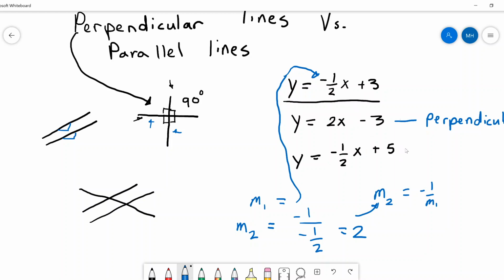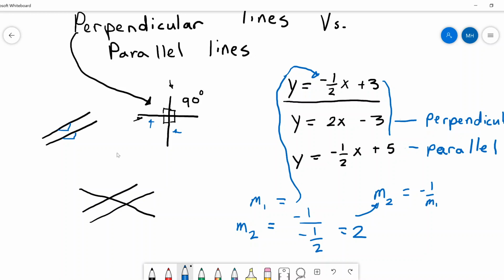From this one, we know that this is parallel. Now, the biggest thing to watch out for with parallel lines is whether they have the same y-intercept. These two do not have the same y-intercept, meaning they are parallel. But if they had the same y-intercept, which would turn out to be the exact same equation, they would be overlapping and would no longer be classified as parallel lines.